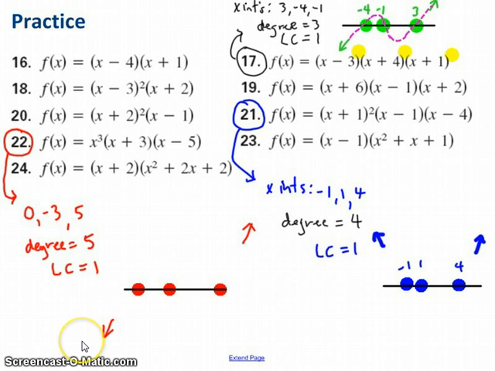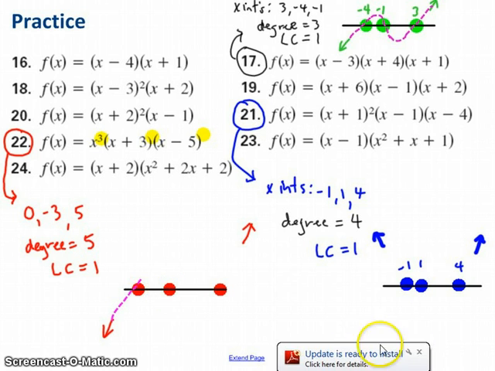So the first thing I'm going to do, starting from the left end behavior, well, actually first I've got to identify what my degrees are, don't I, on each of my factors. 3 is an odd number, 1's an odd number, 1's an odd number. So all of these are going to be cases where whatever I draw is going to go right through the intercept. Now, like I said, I'm going to start drawing and I go right through that first intercept that I have. Now I've got to get to this one.